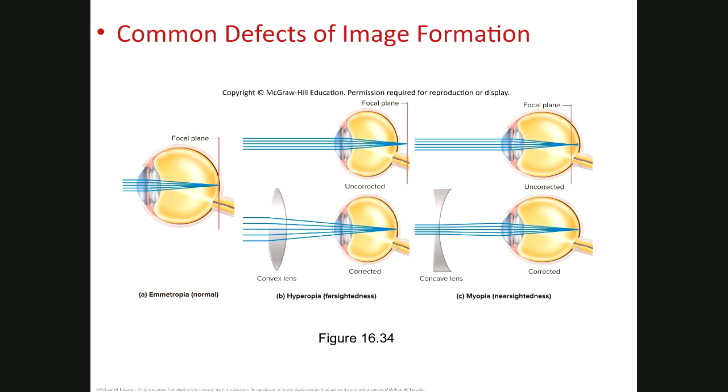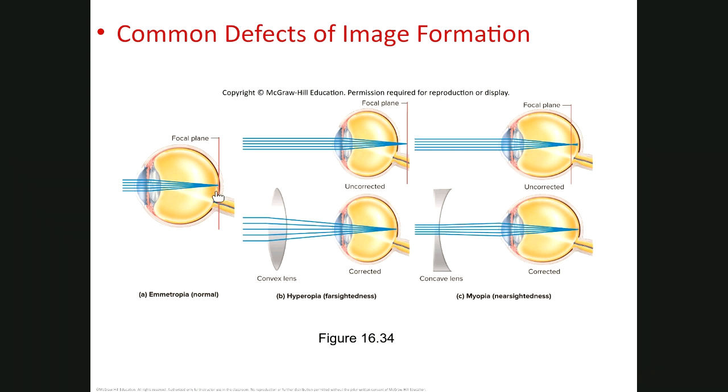Here it shows you the lens in different patterns. You have the actual eye. Here's a normal eye where the focus of the rays ends up on the retinal wall, and therefore your vision is 20/20 sharp. This is where the focal plane is, the focus of the image.